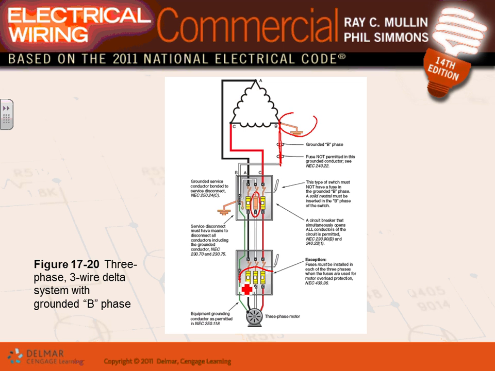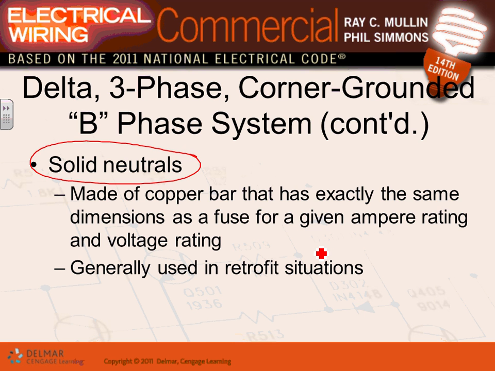If you're using the fuses as an overload, guys, that's an exception. Then you can put a fuse, only if the fuses are used as short circuit, ground fault, and overload protection, and you have not installed a separate overload protection for the system. They allow you to do that. Solid neutral, copper or aluminum, based on the voltage and the interrupting rating that you need.